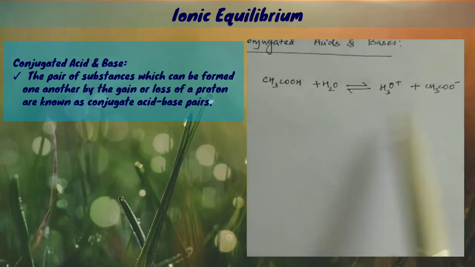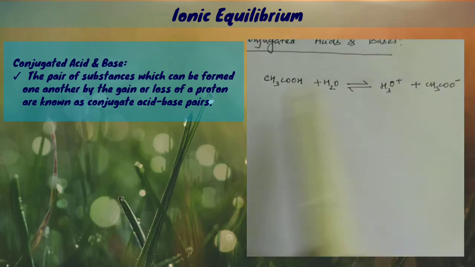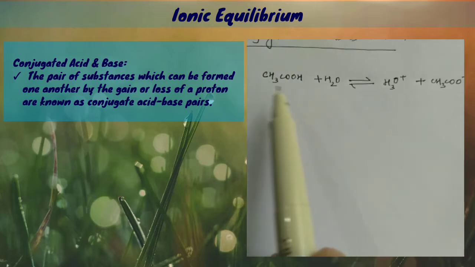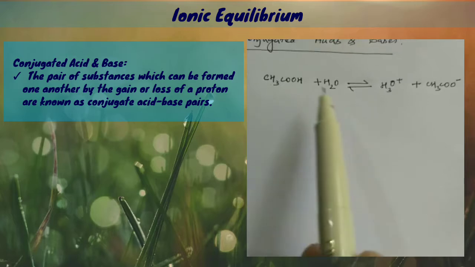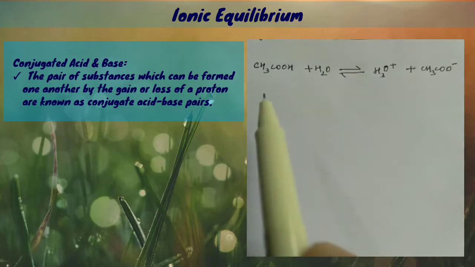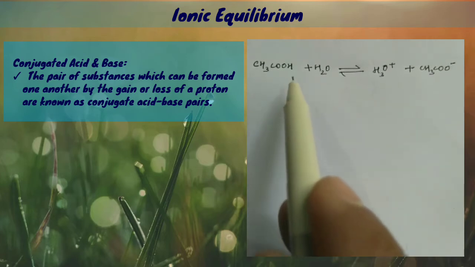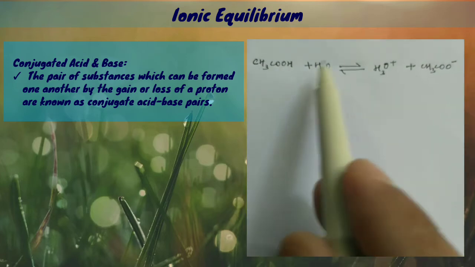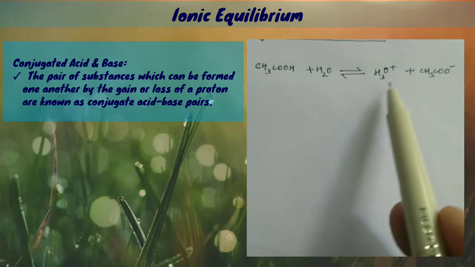That means water. Here it is evident that CH3COOH will act as an acid, because if you notice this reaction carefully, you observe that CH3COOH donates a proton, an H positive ion, to the water molecule to form the hydronium ion.